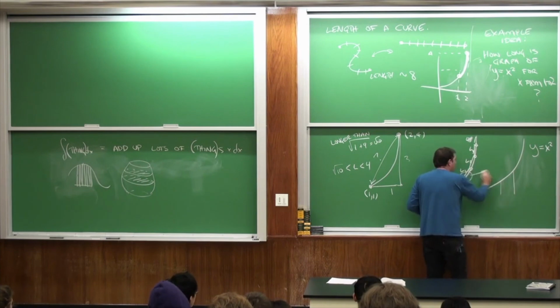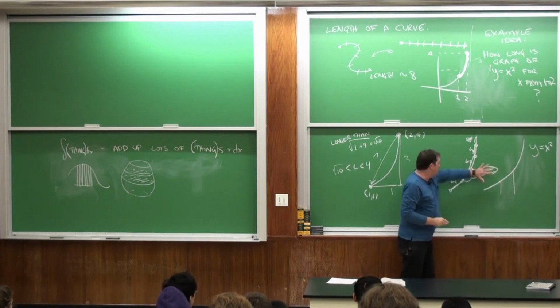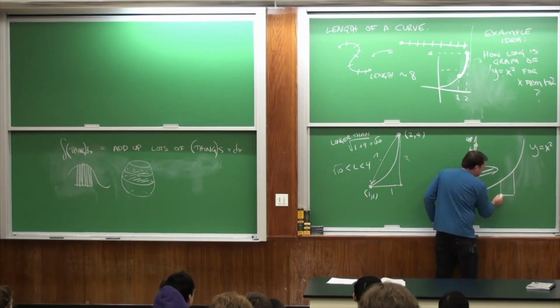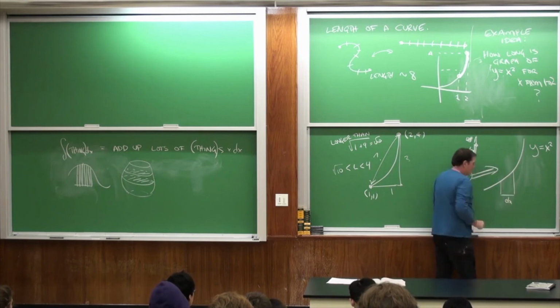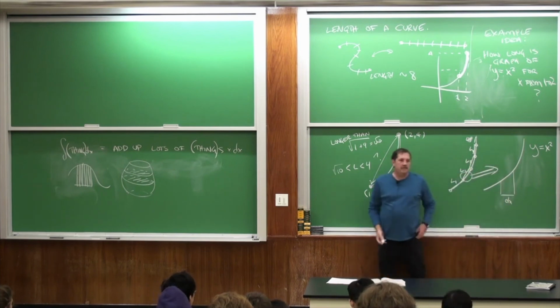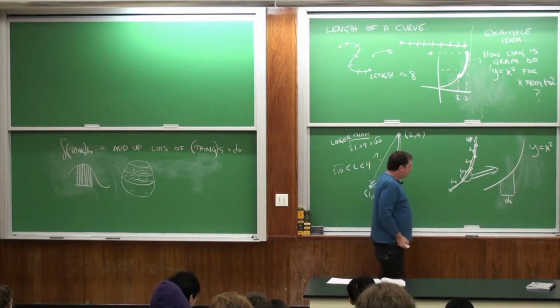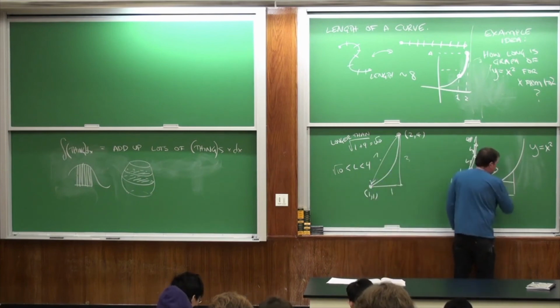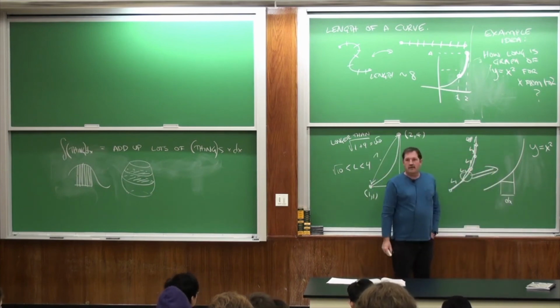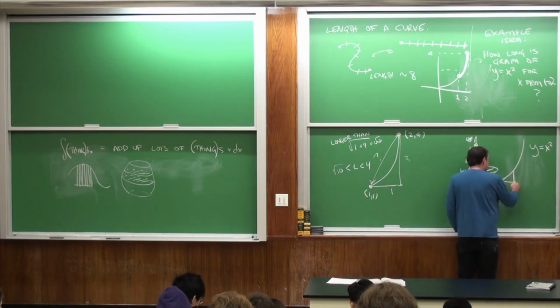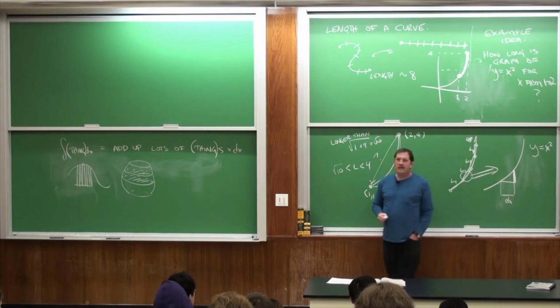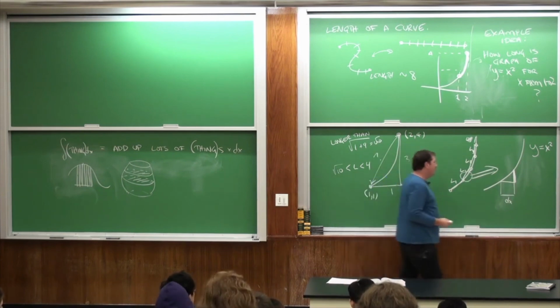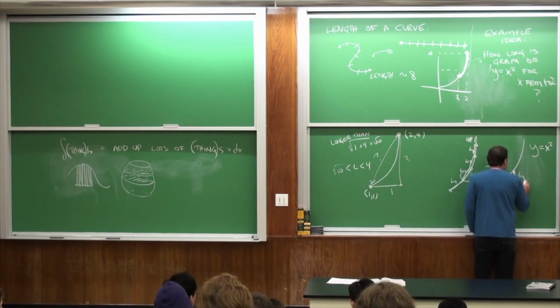I've blown this way up, zoomed way in. So this is some tiny amount, dx. That's this distance. This distance is what? dy. All right?